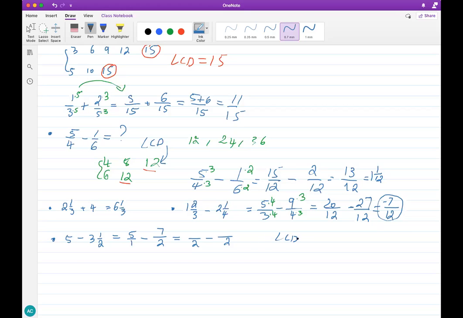So LCD equals 2. How do you turn 1 into 2? Of course, we're going to times it by 2, and also 2 here. So you get 1 times 2, 2, 5 times 2, 10. How do you turn 2 into 2? Or what do you times it by? Multiply by 1.